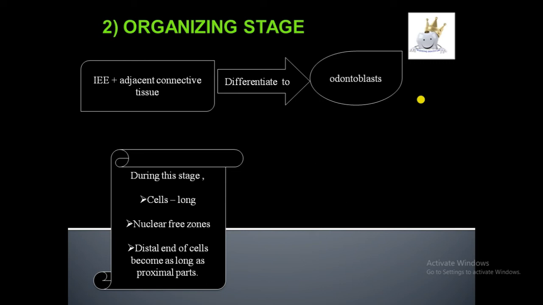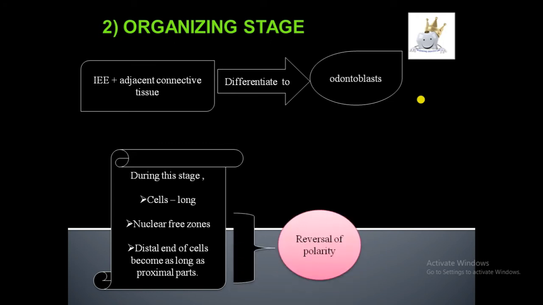The oval nuclei become nuclear free zones, and there are changes in the other organelles as well. The distal end of the cells become as long as the proximal parts. This change in the organelles and the position of the nucleus is called the reversal of polarity.